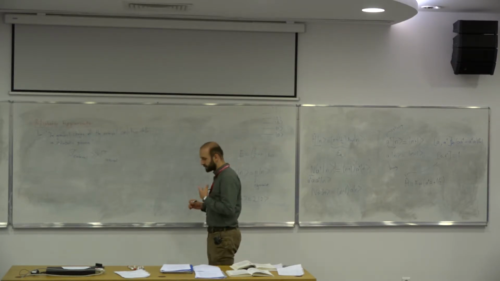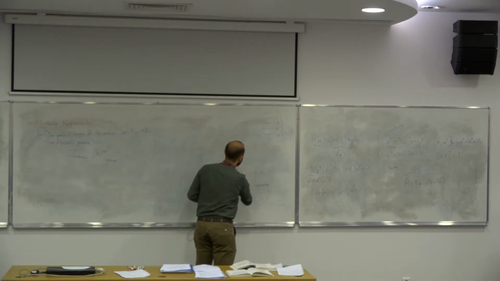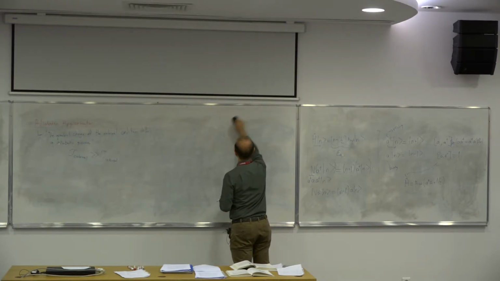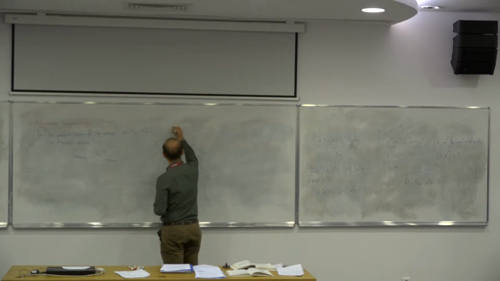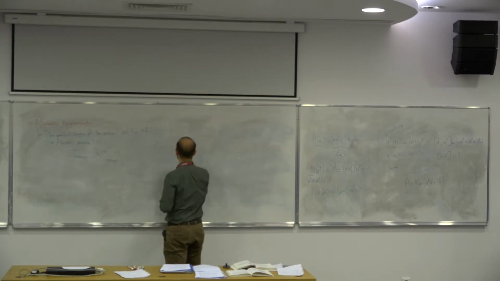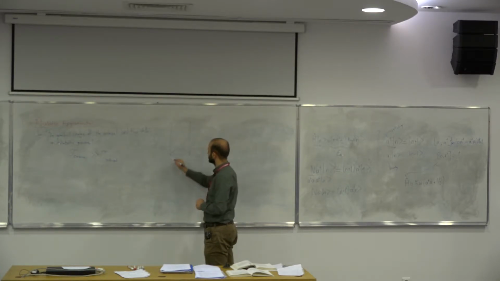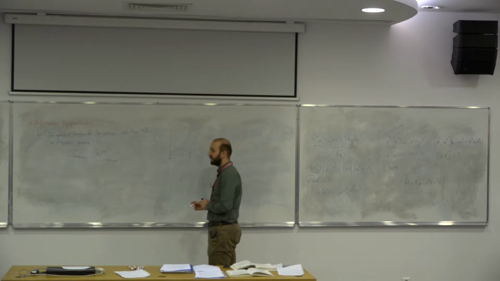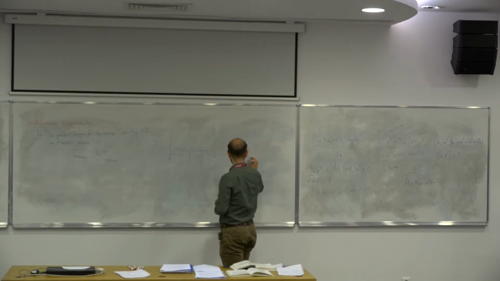So let's try to apply this to the infinite potential well problem. I have my infinite potential well, and this is the ground state, from 0 to A. And then I'd like to go from here to here, 0 to 2A.